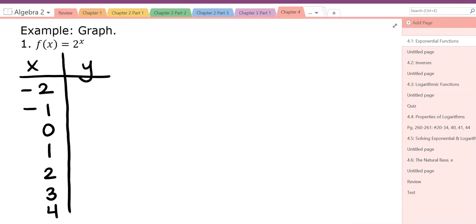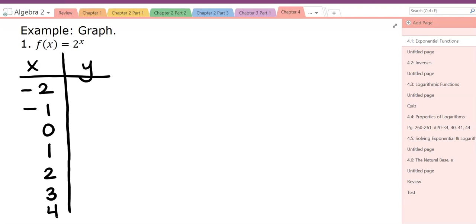So if you have calculators, you're going to take 2 and then raise it to the -2, raise it to the -1, raise it to the 0 power. And when you do this, you're going to get decimals for some of them, and that's fine. I would probably write it as a decimal just because it's going to graph easier. It's hard to graph fractions because you have to know what that fraction represents on the graph.